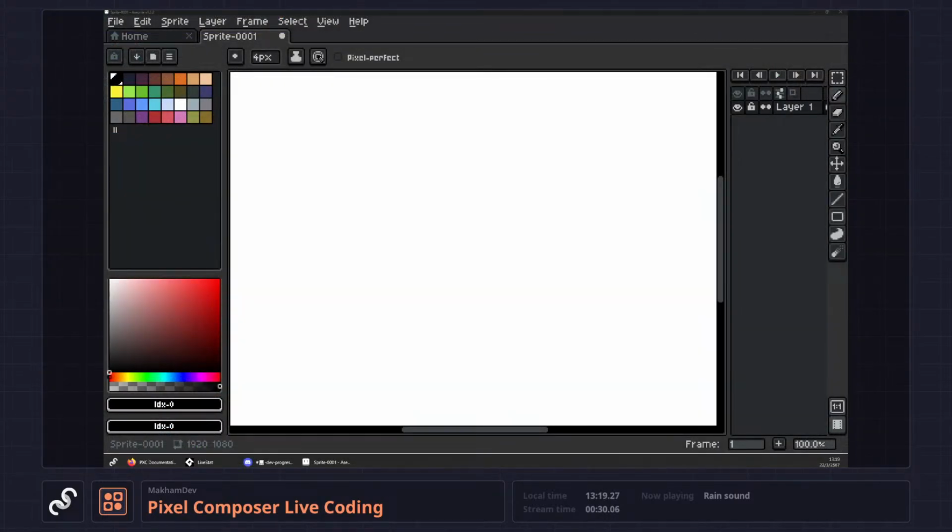There we go. So we have a circle, or shift view.